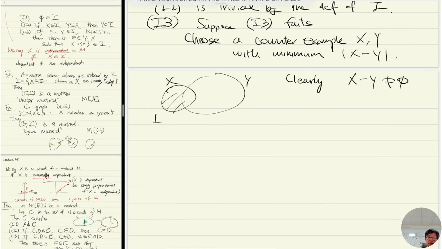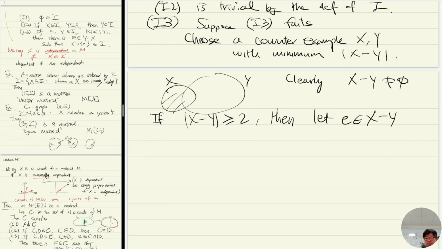Okay, so if X minus Y has at least 2 elements, then let's choose some element E in X minus Y and let X prime be X minus E, right?